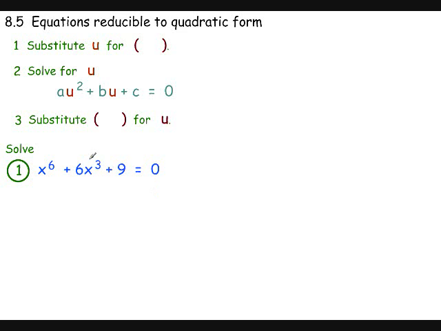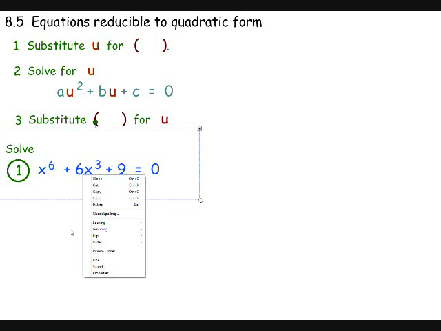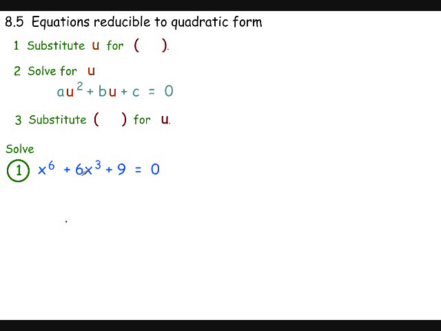On this one, first of all, let's notice that we've got 6, which is double what we have here. So this looks like it might be reducible. And right where our middle term is, that's what our u is going to be. u equals x to the 3rd power.